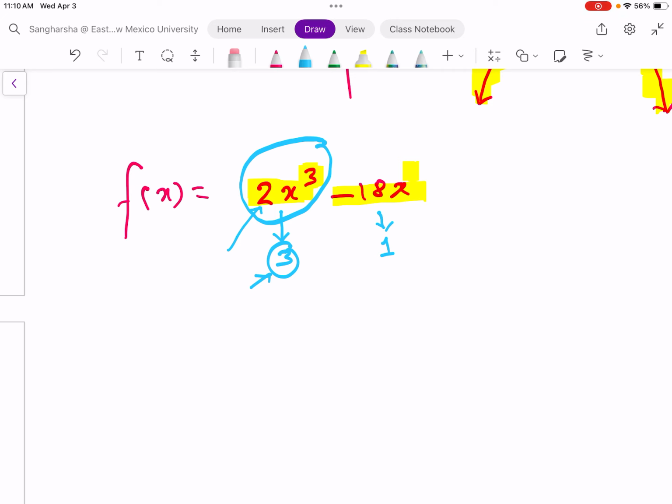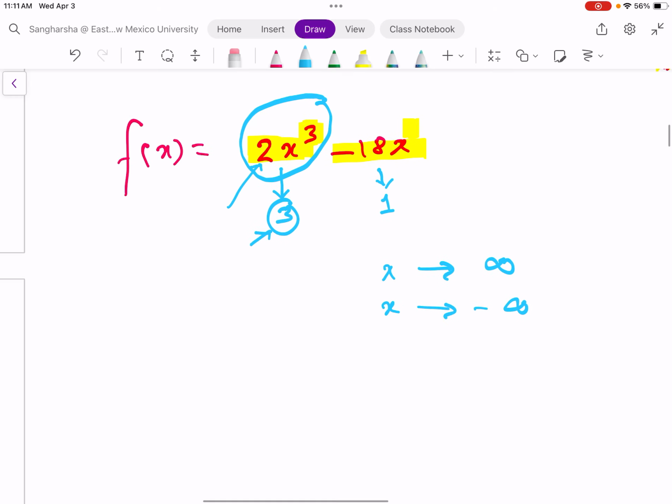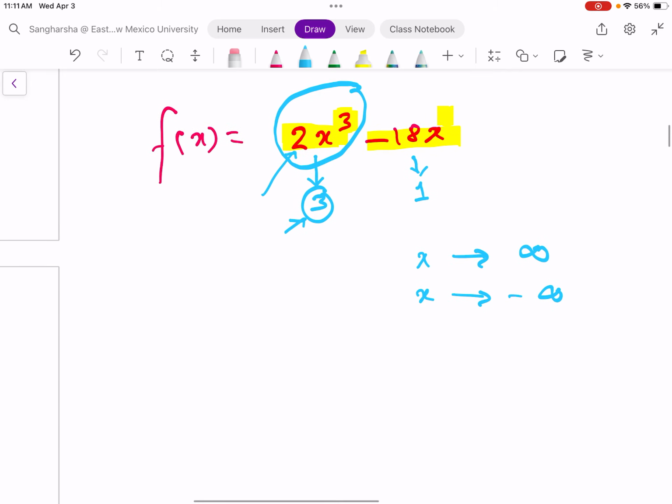It means when we take our input x very large, positive infinity, or very small, like negative infinity, we can find how the function behaves on the right end or left end with the end behavior test. According to that, let's say we have an even degree, and we use n to represent the degree of a function.